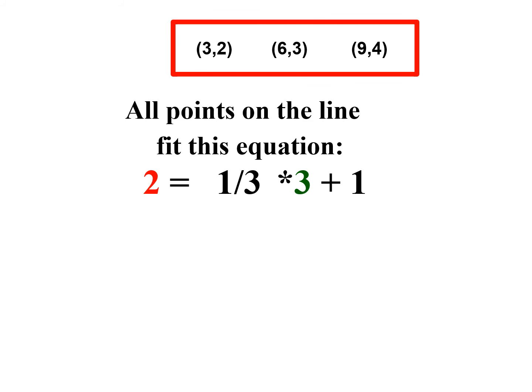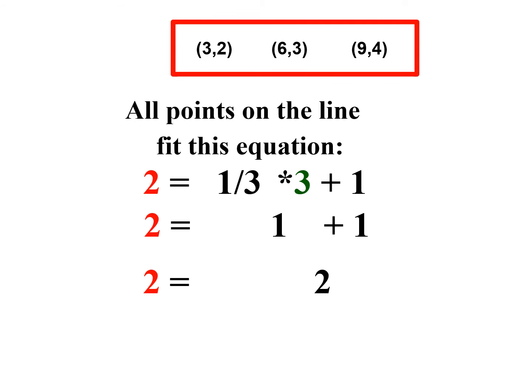So here's our equation. Let's do some algebra to see if it's correct and true. In 1/3 times 3, we get an answer of 1. So we can substitute 1 for 1/3 times 3. We get 2 is equal to 1 plus 1. On the right side, 1 plus 1 is 2.